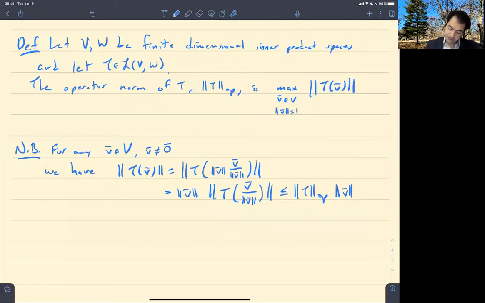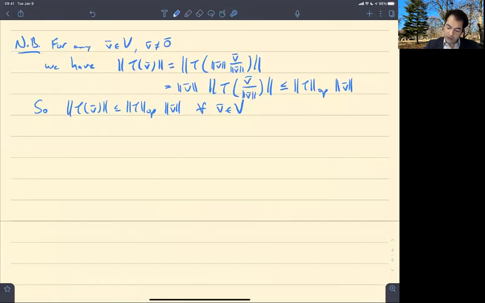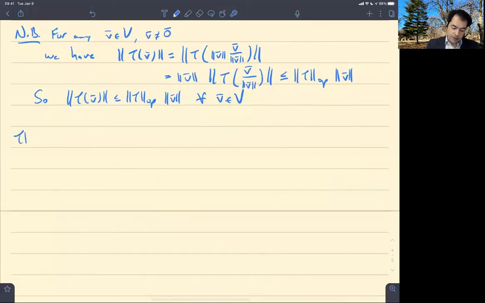So in fact, the norm of T of V is bounded above by the operator norm of T times the norm of V for every vector V. Okay, so even though we used unit vectors to define the operator norm, the inequality you get works for all vectors. Okay, now we should really justify calling it the operator norm. So we'll state that as a theorem.